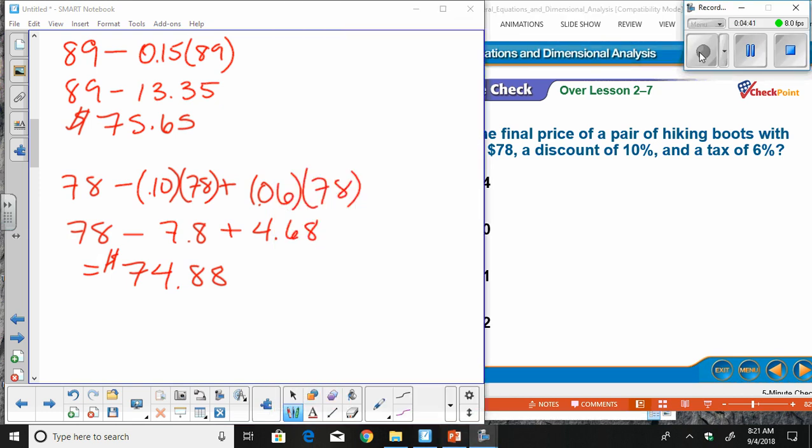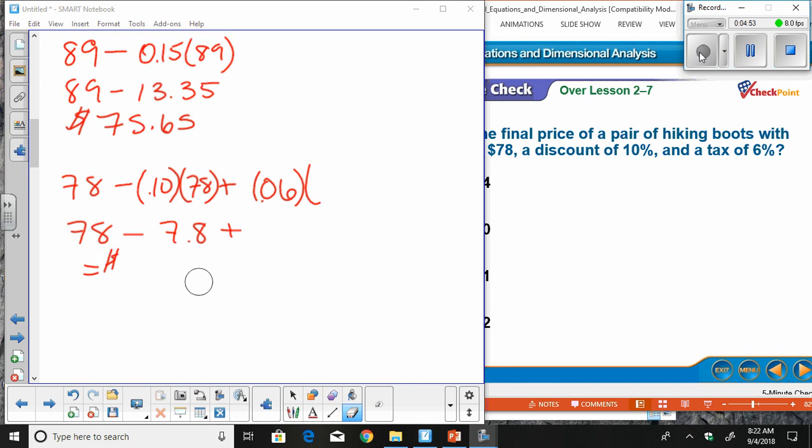Okay, so I got a little ahead of myself, and I shouldn't have done 78 here. Let's do it again. We should have done 0.06 times what we are actually taxing, which is not the original price. It's this price right here. Sorry for that. So that's that $7.80.